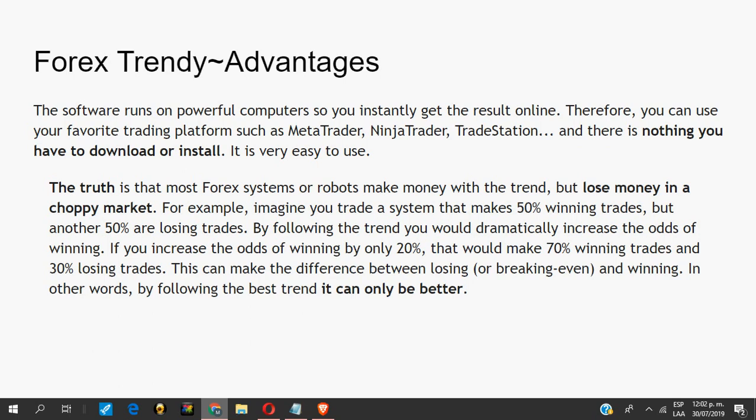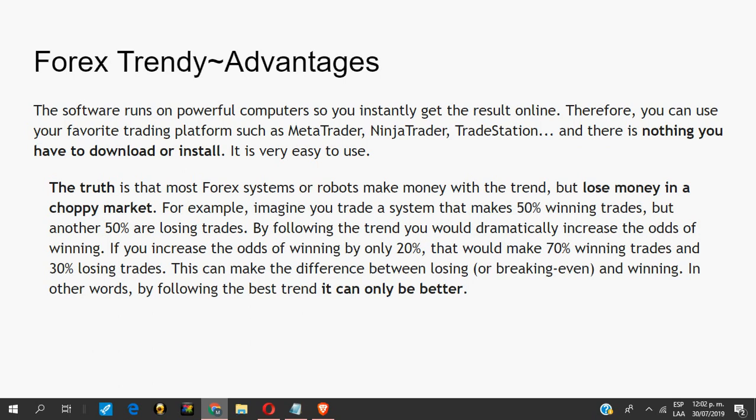The truth is that most Forex systems or robots make money with the trend, but lose money in a choppy market. For example, imagine you trade a system that makes 50% winning trades, but another 50% are losing trades. By following the trend, you will dramatically increase the odds of winning.